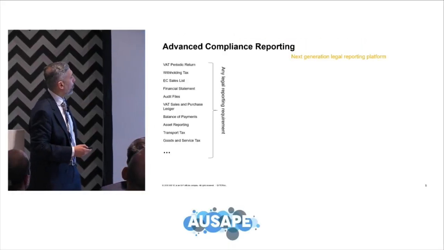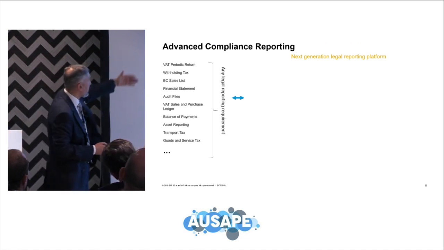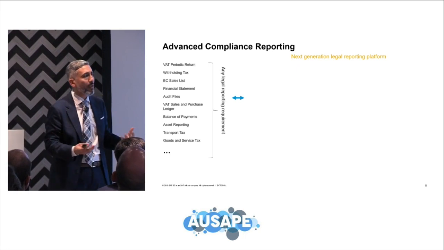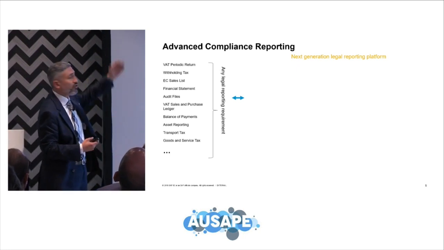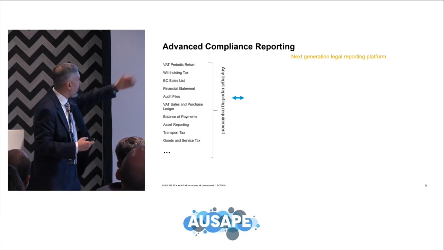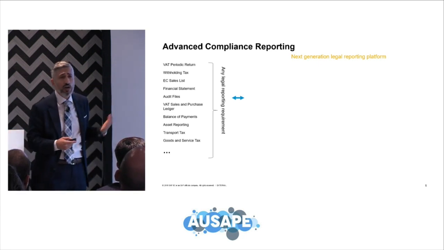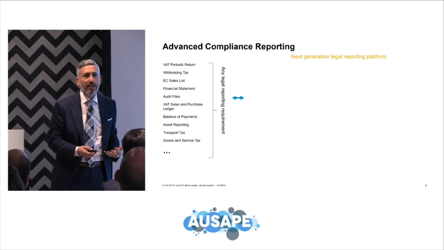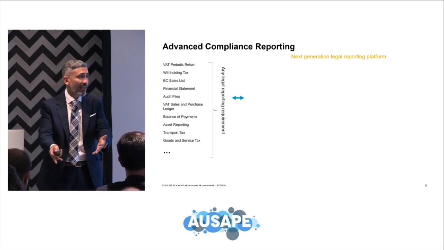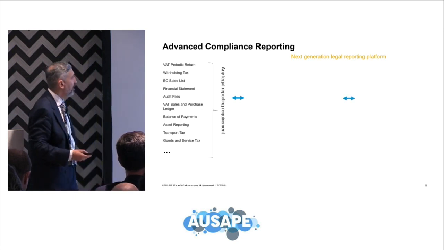So those are the examples, as I mentioned, that we could see them today in the legal reporting domain. Could be a VAT return, could be a withholding tax return, balance of payments, asset reporting. Those are many, many examples of legal reports that you could have it not only in one country, but could be in more than one country.